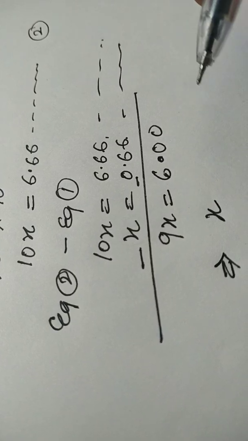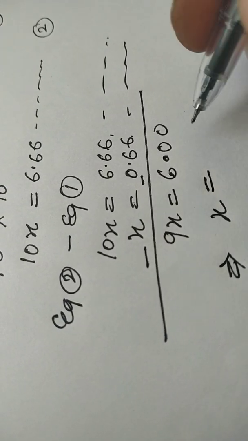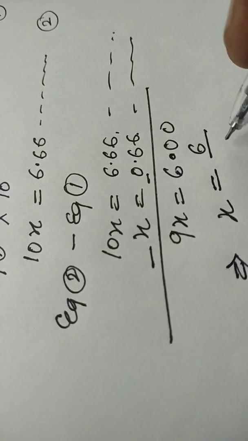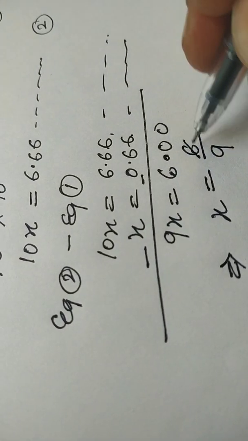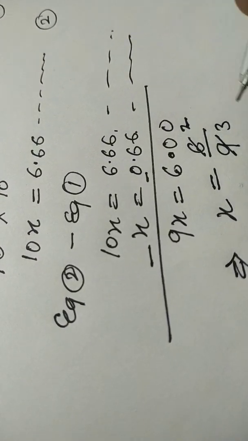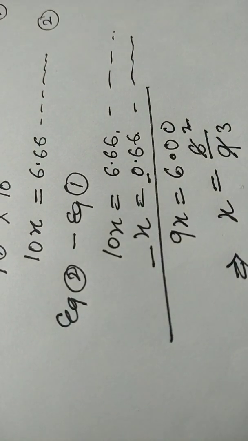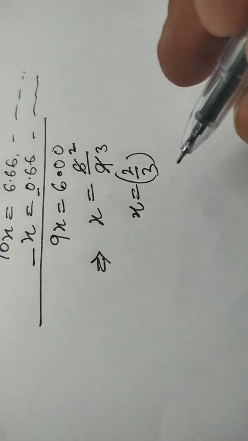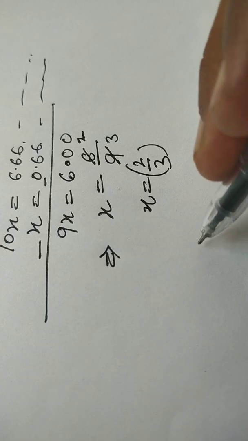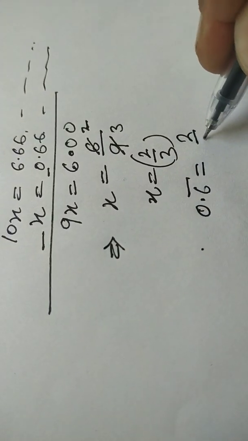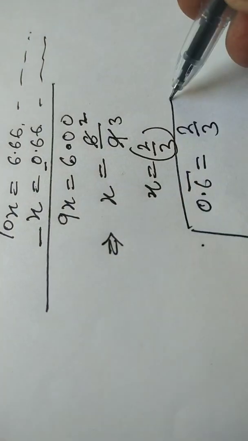If shifted to the right hand side, it will be divided, in the denominator. This is 6 upon 9. Now 3 2s are 6 and 3 3s are 9. This implies that x is equal to 2 upon 3. Now 0.6 bar is equal to 2 upon 3. Both are equivalent.